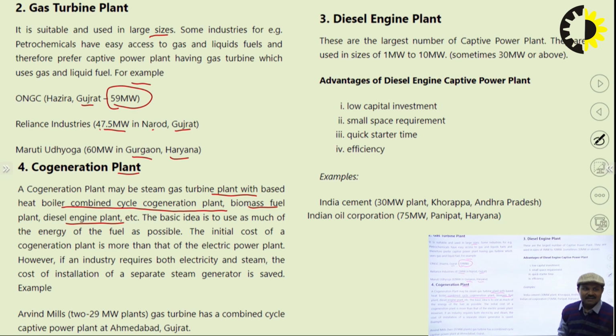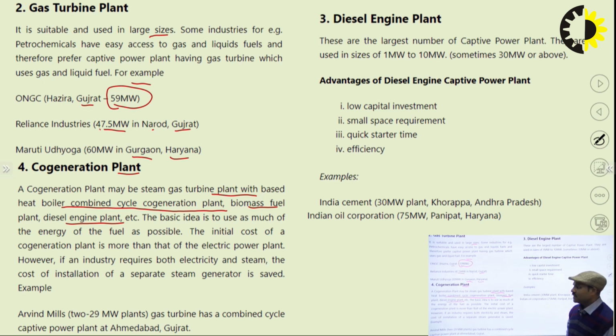So the basic idea is to use as much of the energy of the fuel as possible, because the same steam is utilized for the generation of electricity in the thermal power plant, and then whatever heat is left after that process is utilized for some other type of generation, or we can say a low pressure steam turbine can be set up at the secondary stage.